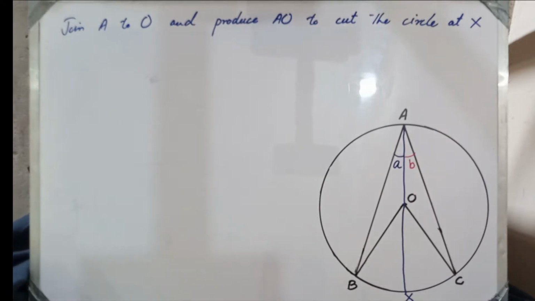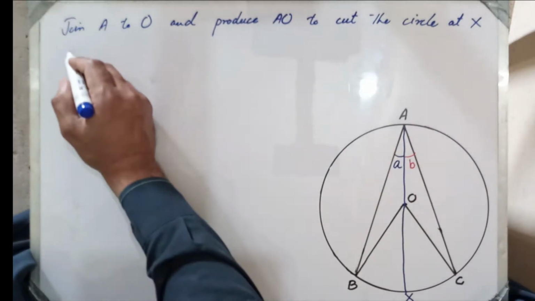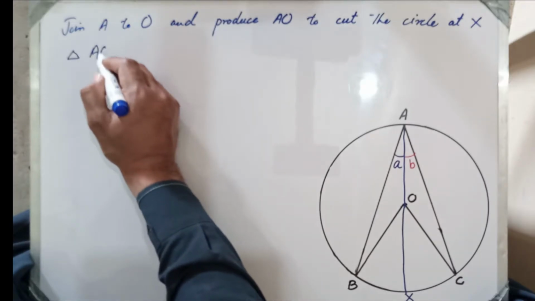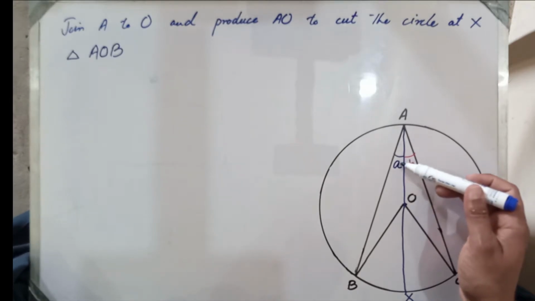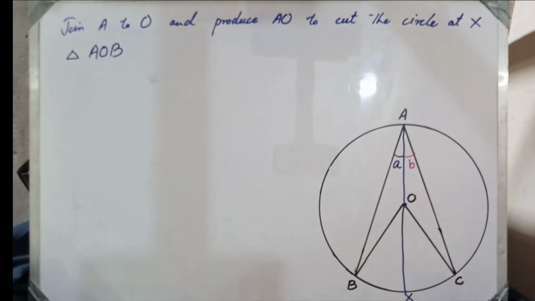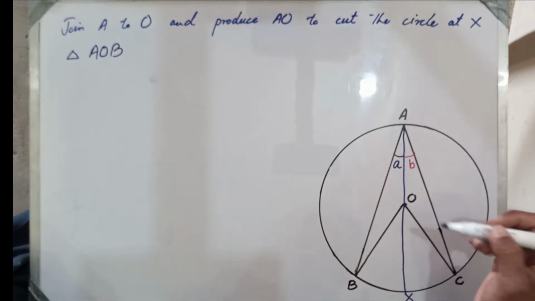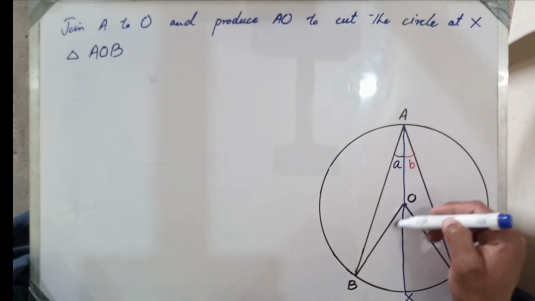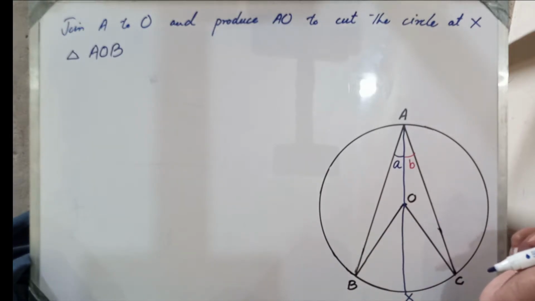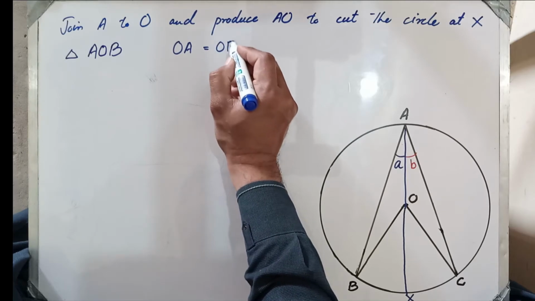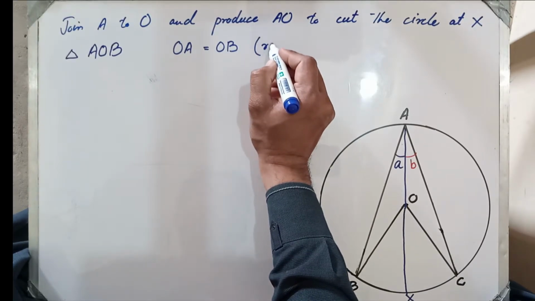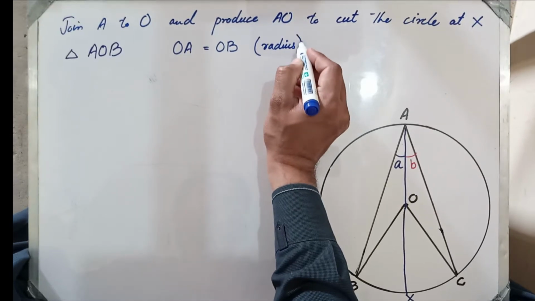After that, we take triangle AOB. In this triangle, we have already supposed that this angle is a. Looking at sides OA and OB, both are radius, so both sides will be the same. OA equals OB because both are radius.